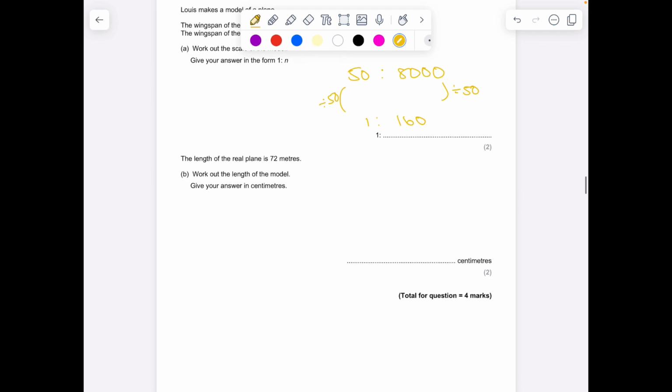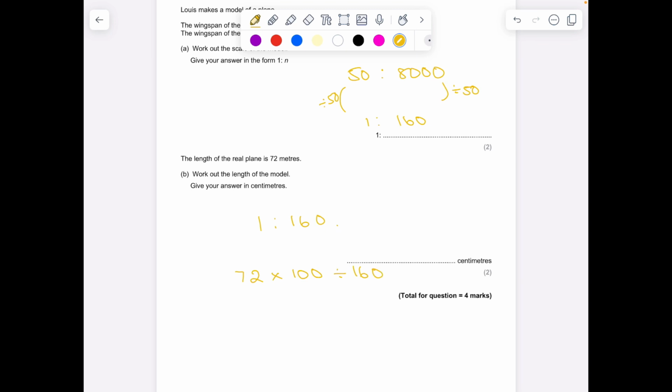Next one, the length of the real plane is 72 meters. Work out the length of the model. Okay, so you know that it's 1 to 160. Okay, what we're going to do is we're going to do 72 times by 100 and then divided by 160.